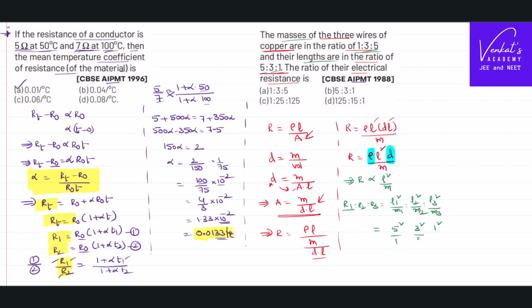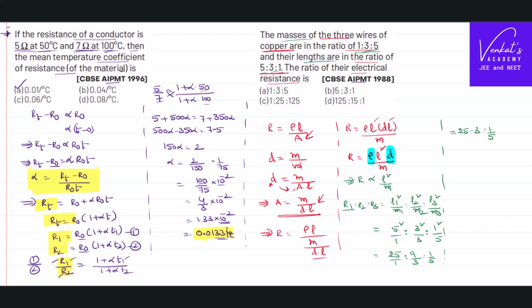So our answer is 25 by 1, 9 by 3, and 1 square is 1, so 1 by 5. If you simplify these numbers, the ratio is 25 is to 3 is to 1 by 5.